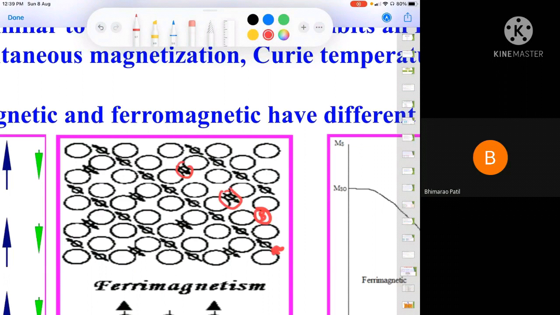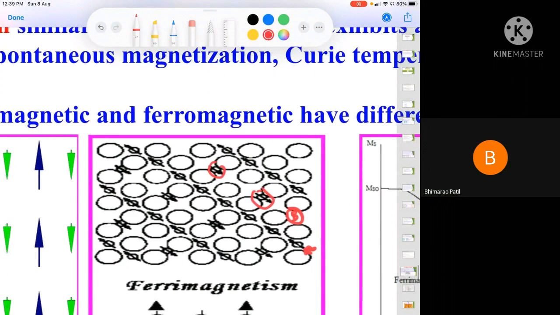If you consider the upward direction, the ferrimagnetic substance shows magnetism, because the magnetism of sublattices A and B are opposite to each other, but not exactly equal, and therefore it shows magnetism in that material.